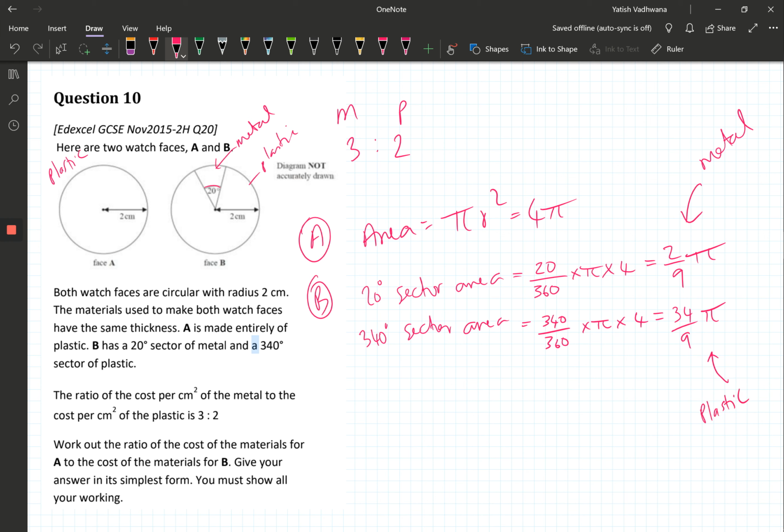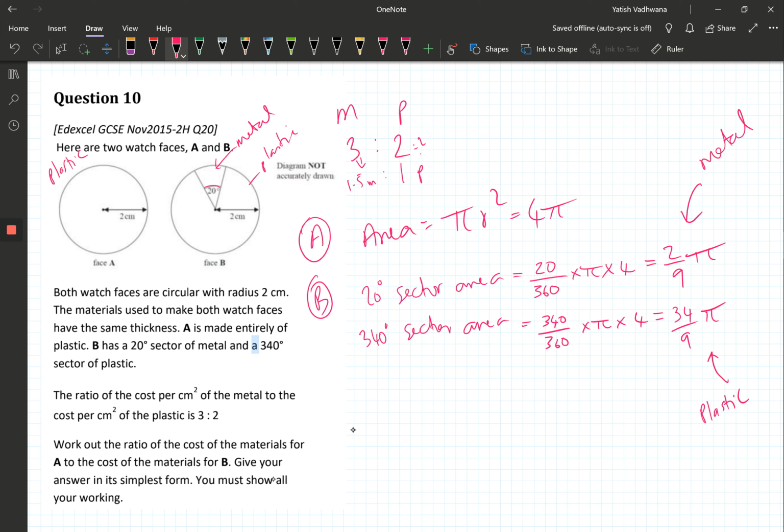So you've been told that there's a ratio of the cost. Let's just simplify that a bit more. So 1 part of plastic, if you divide by 2, is equivalent to 1.5 parts of metal. So 1.5 to 1. So in other words, the metal costs 1.5 times more than the plastic.